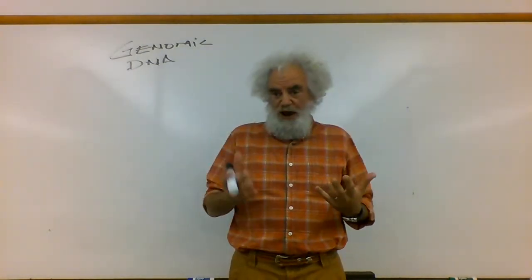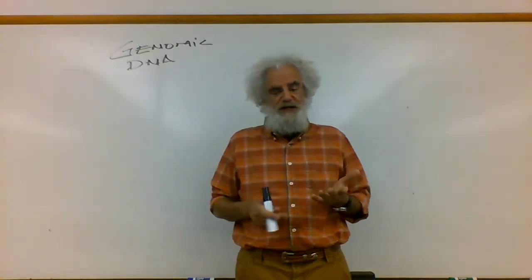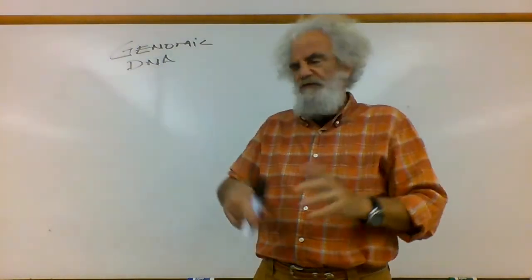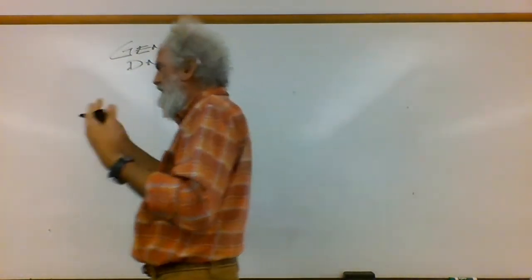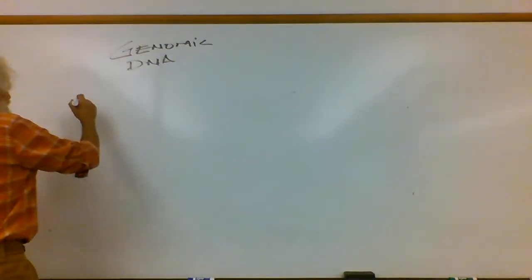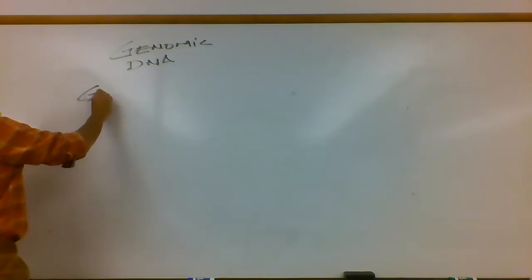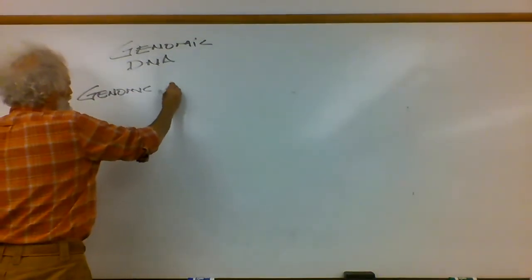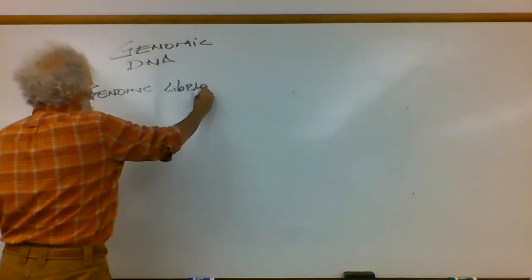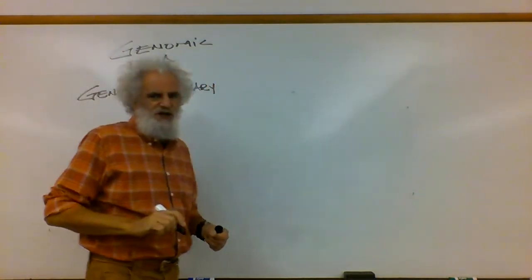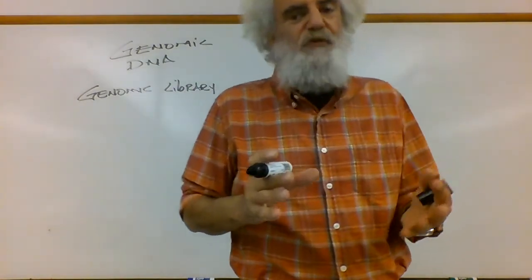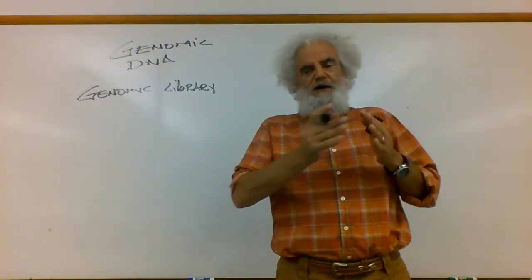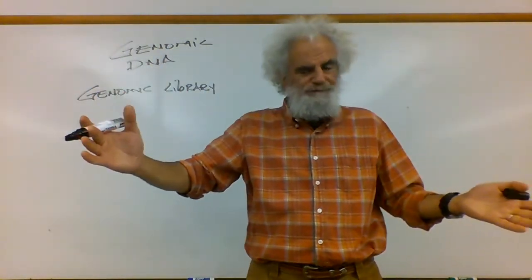A classic way of identifying genomic DNA, and this is a term that we use somewhat a lot, is building what's called a genomic library. And there are a number of interesting little parts to this. A genomic library is essentially a collection of clones that represent a genome.